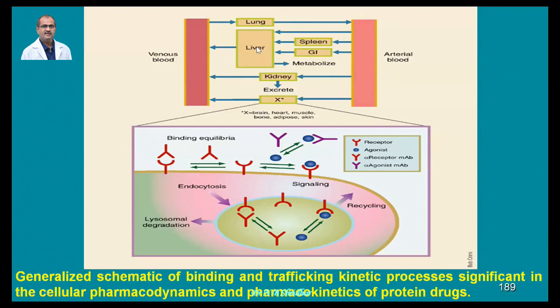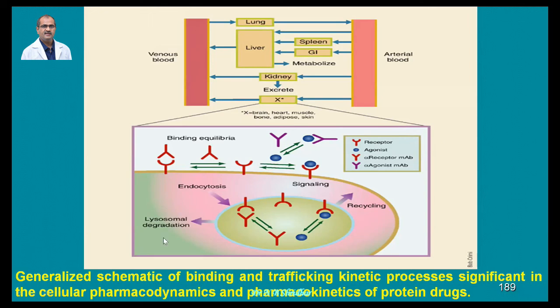Once again, from spleen to liver, all these exchange mechanisms take place. Whereas the blood goes from the arteriole to the venous side and is excreted in the kidney or other excretory organs, and some part is also taken back into the venous circulation.